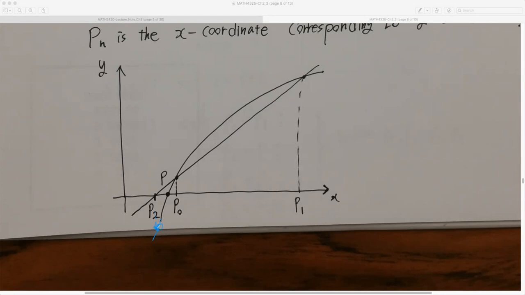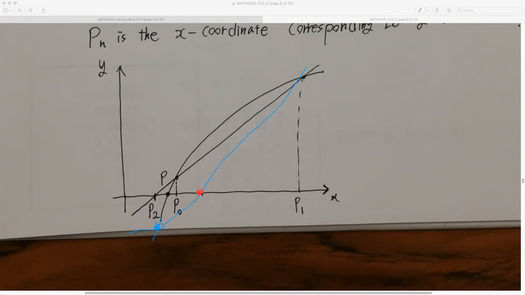Then we're gonna find our secant line passing through P1 and P2, which is this. Okay, right there. So now we're gonna find out what? The x coordinate of the x-intercept of that secant line. Maybe right here, right?